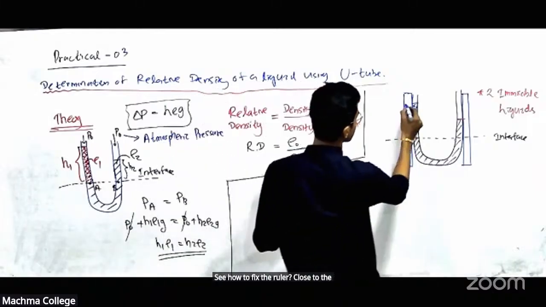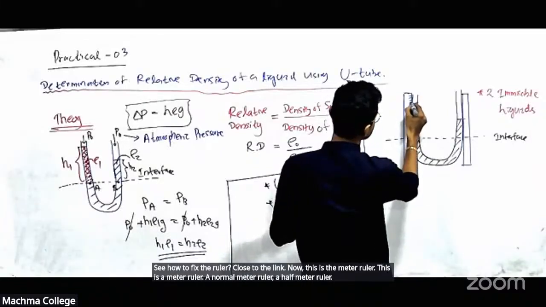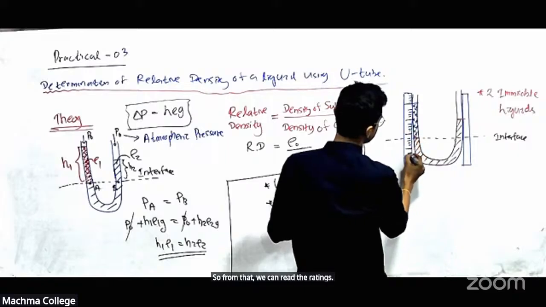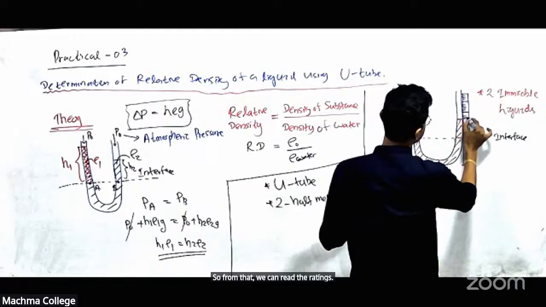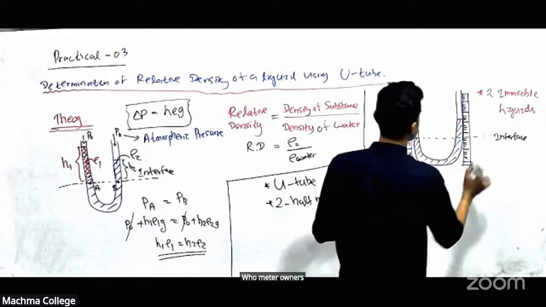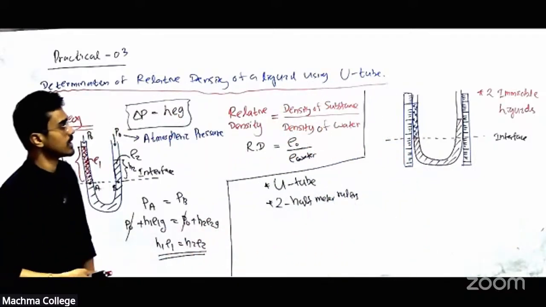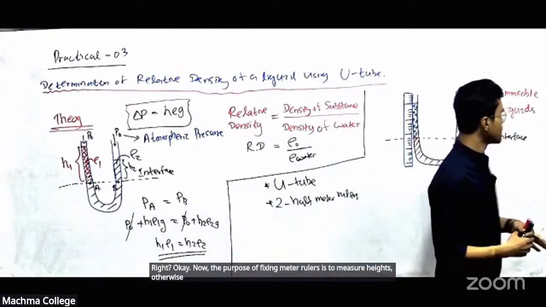This is a meter ruler, a normal meter ruler, a half-meter ruler. From that, we can read the readings. Two meter rulers like this. The purpose of fixing meter rulers is to measure heights. Otherwise, we can't measure these heights.